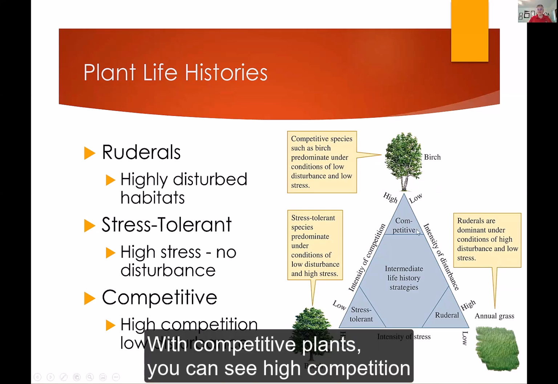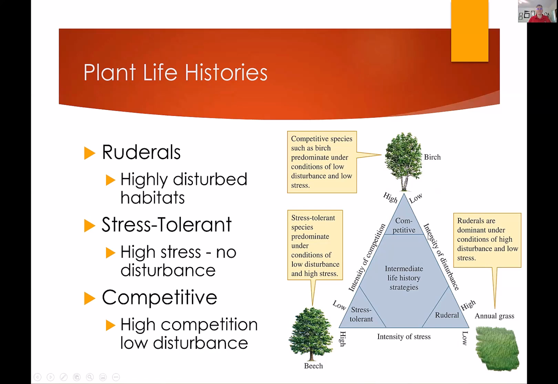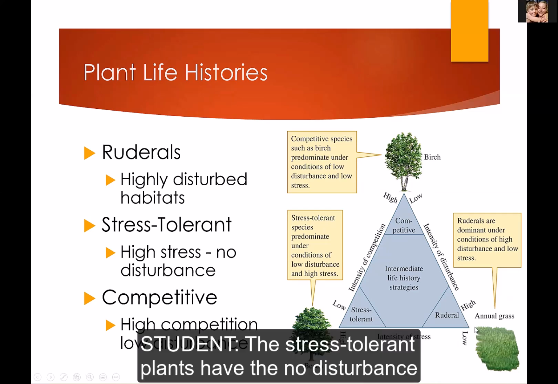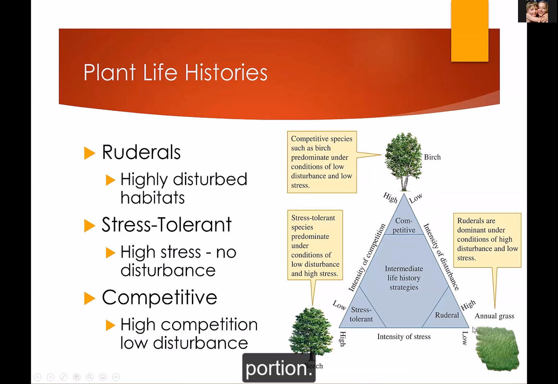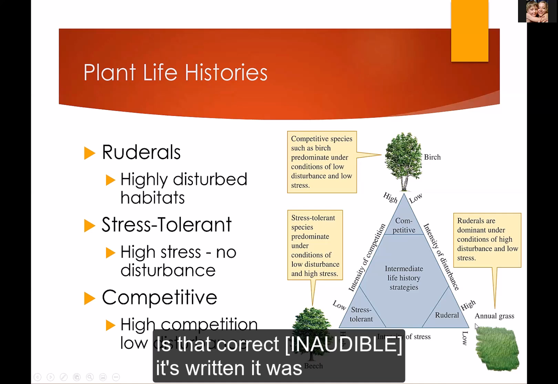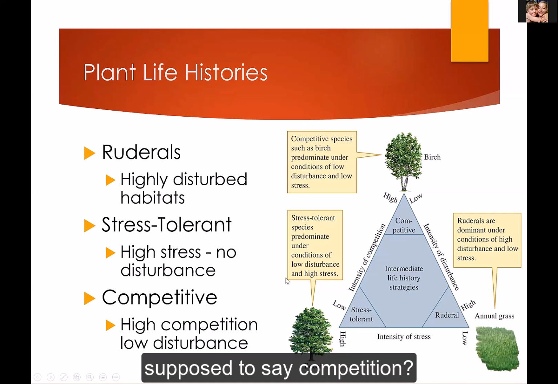With competitive plants, you can see high competition and low disturbance. The stress tolerant plants have the no disturbance portion to that. Is that correct though? Even though it's written, it was supposed to say competition.